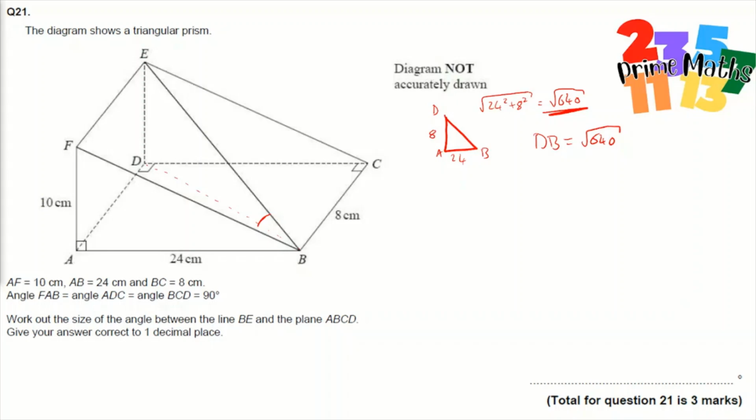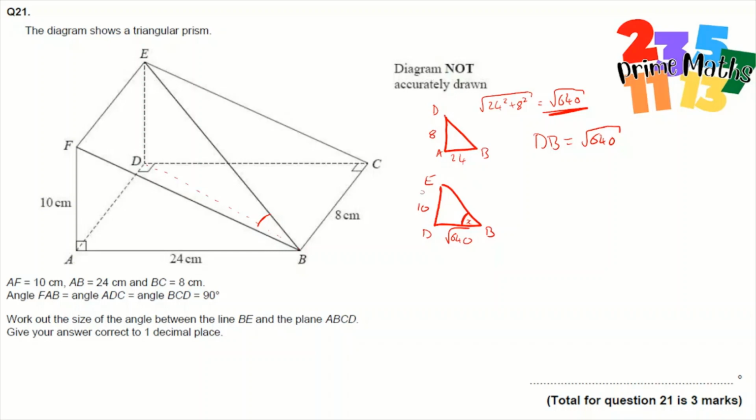We can then set up another triangle from E to D to B. We know the length from D to B is the square root of 640, and we also know the length from E to D is 10, as that's been given to us. We want to find the angle between EB and the plane, which is this angle I've marked X. And we can use SOHCAHTOA to do this.